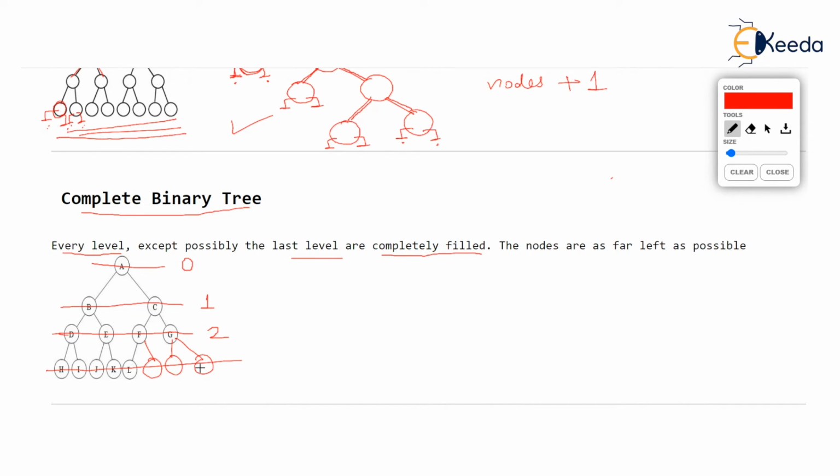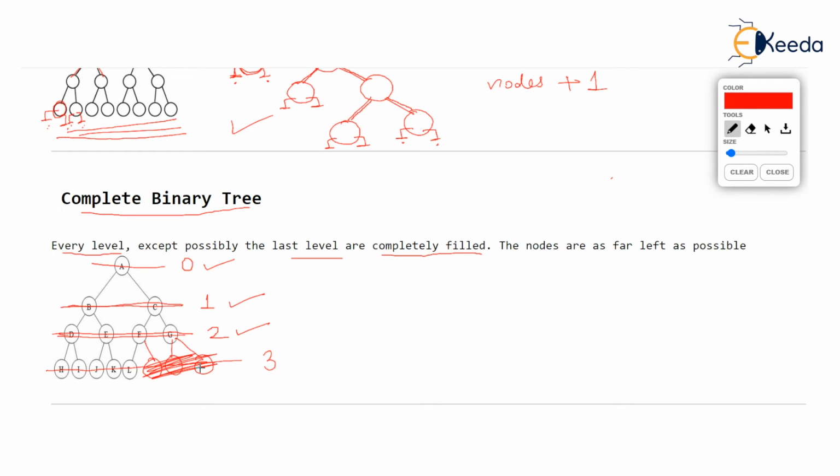Now you see, level 0 is full, and level 1 is full because the maximum nodes at level 1 are 2 and we have 2 nodes. And the maximum nodes at level 2 are 4, and we have 4 nodes. And what are the maximum nodes at level 3? They are 8, but we do not have these nodes, isn't it? So except possibly the last level, all levels are completely filled. I hope you are understanding.